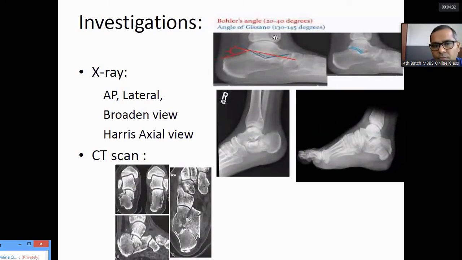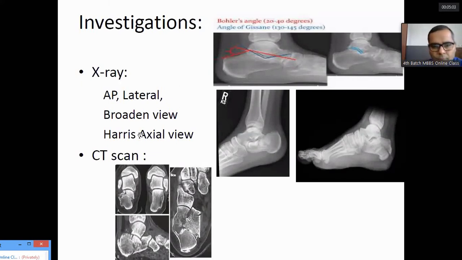It's 20 to 40 degrees, and when this apex is depressed, as in intra-articular fractures with joint depression type, this lowers and flattens, and slowly it may end up in a negative Bohler angle also. Like in this case, we cannot see the posterior part of the posterior facet, right? It has gone way down, so this is a negative Bohler's angle.